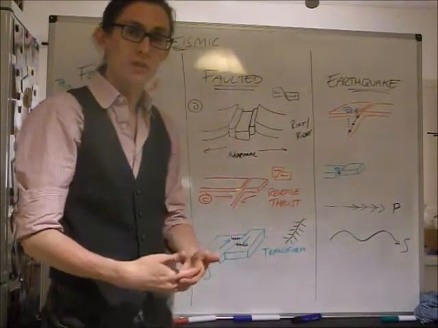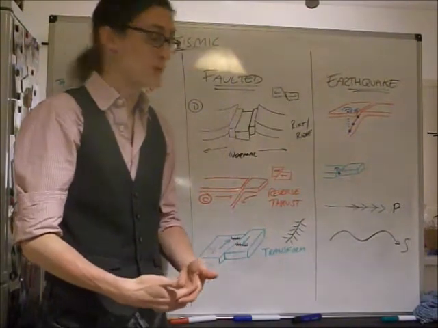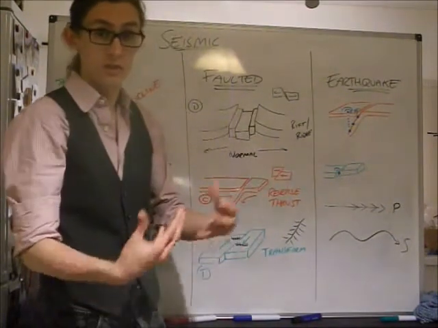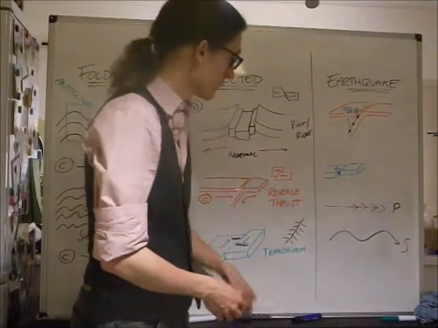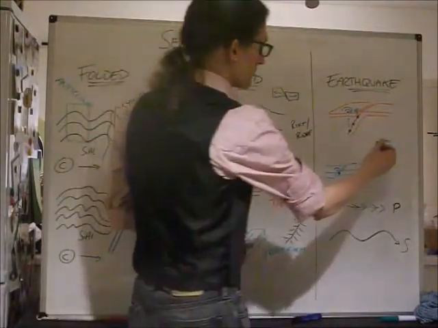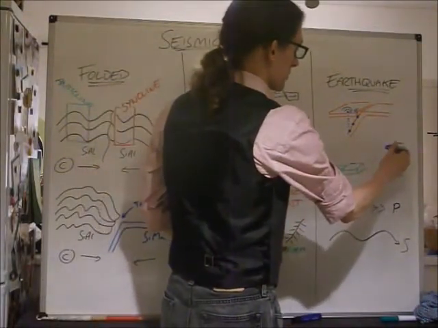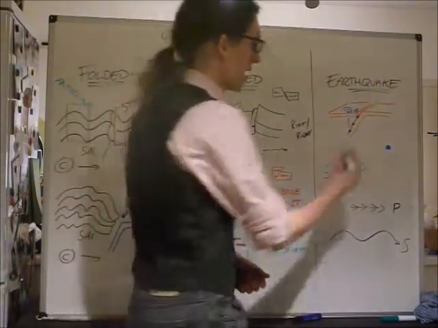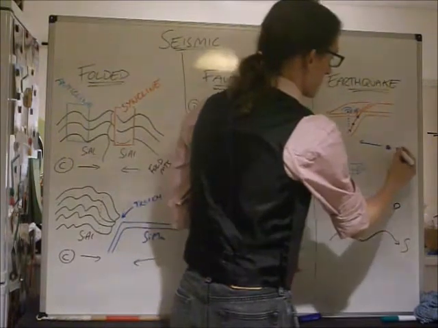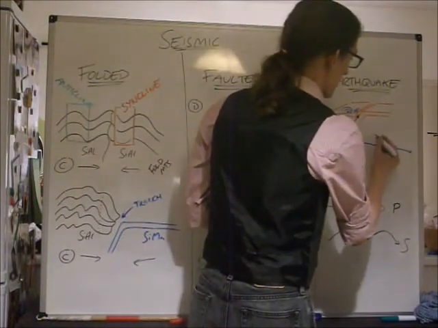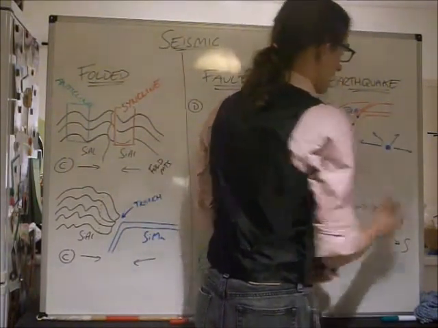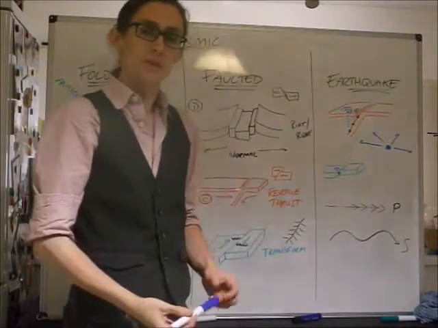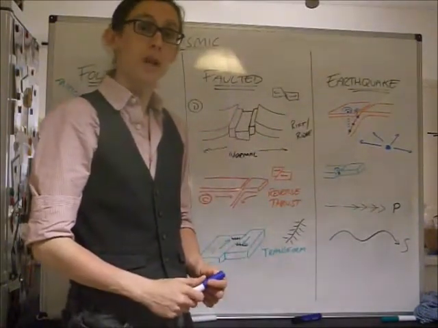The reason for this is because of the two types of waves that are given off by an earthquake. When an earthquake is triggered, the first wave it gives off is the primary wave, the P wave, and this goes out in every direction. As well as being primary, it's also a pulse.